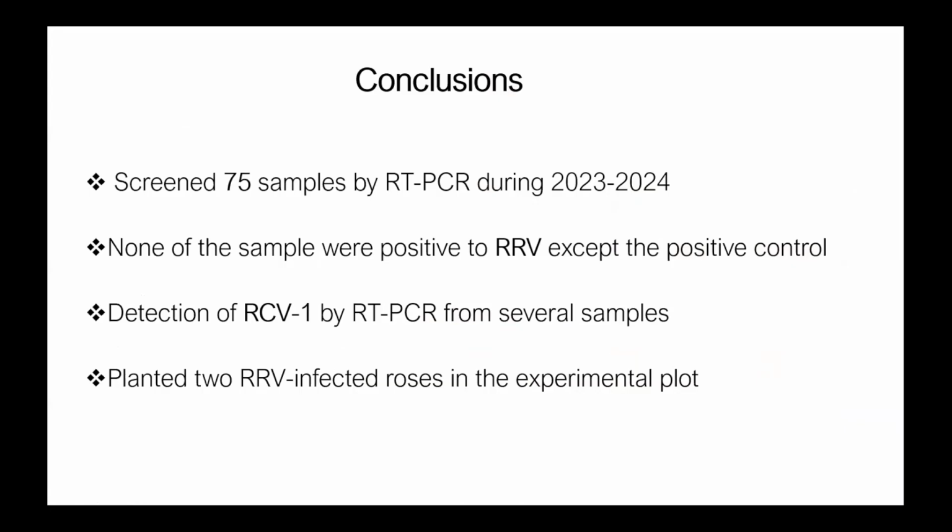We've also detected rose cryptic virus in a number of samples by RT-PCR, and we planted those 2 rose rosette infected roses that were confirmed by RT-PCR in the research field. We've also screened a number of cultures by ITS and EF1 primers to see if we're getting Diplocarpon rosae. Thus far, we've only gotten Alternaria based on the PCR results and subsequent Sanger sequencing. So that would be our conclusions.